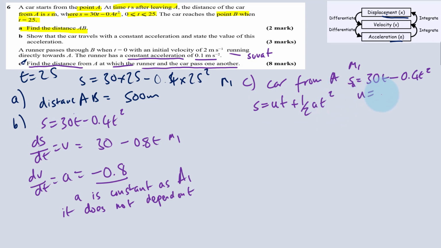Initial speed is 2, a equals 0.1, and that's at time t equals 0. So SR for runner, or S2, is going to equal 2t plus a half times 0.1, that's going to be plus 0.05t squared. Another method mark.